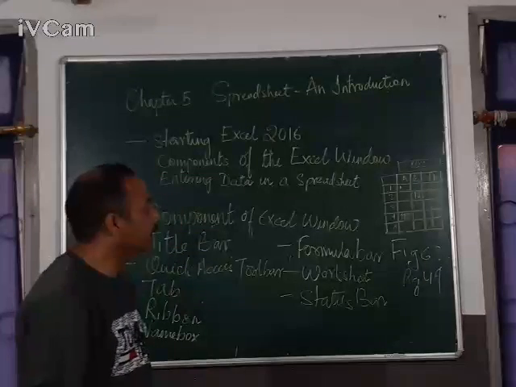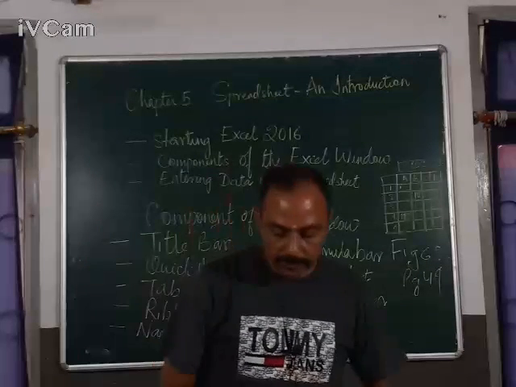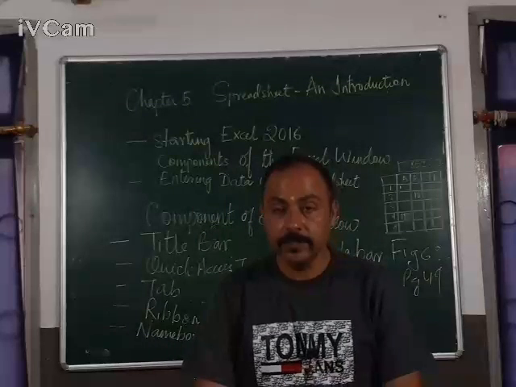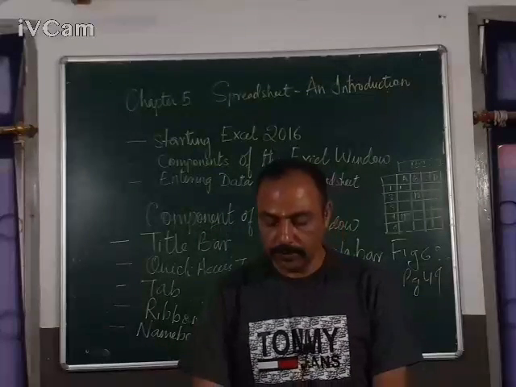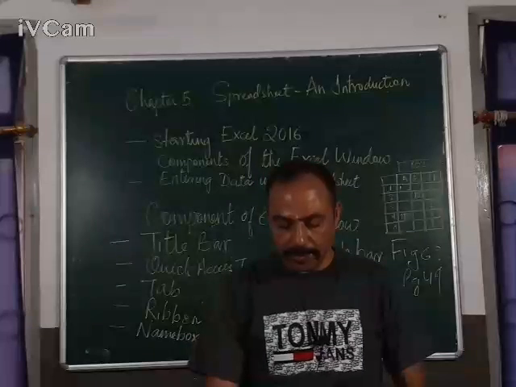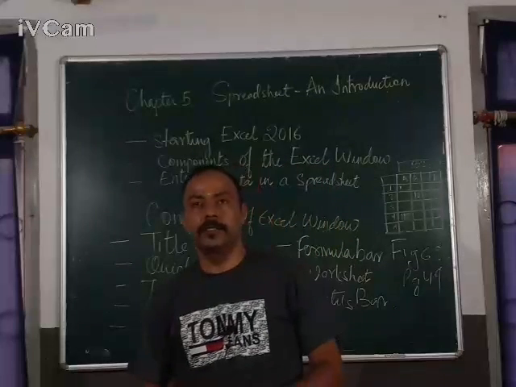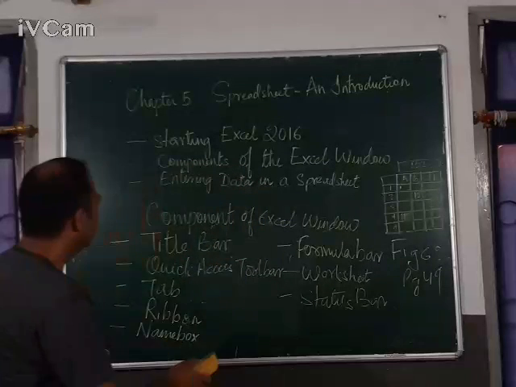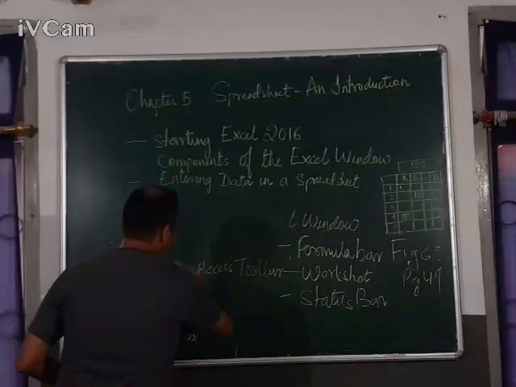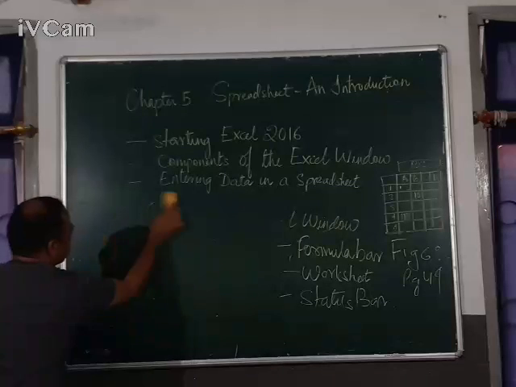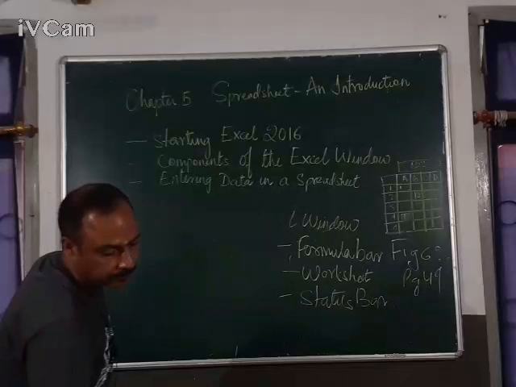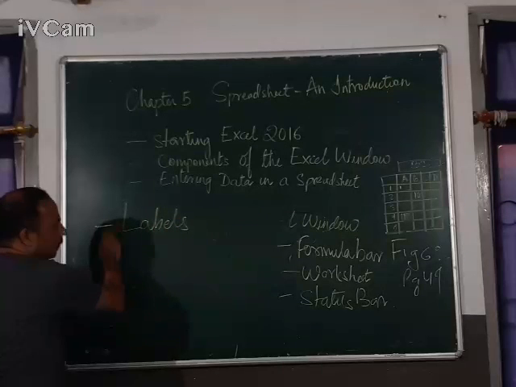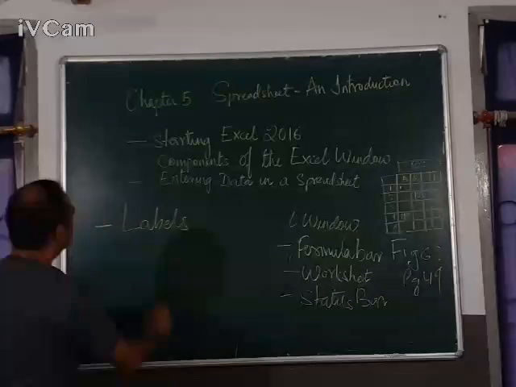Now let us discuss the types of data. There are three types of data. In Excel 2016, the worksheet consists of a grid format of columns and rows that form cells. You can enter three types of data in the cells. The three types of data are labels, values and formulas.